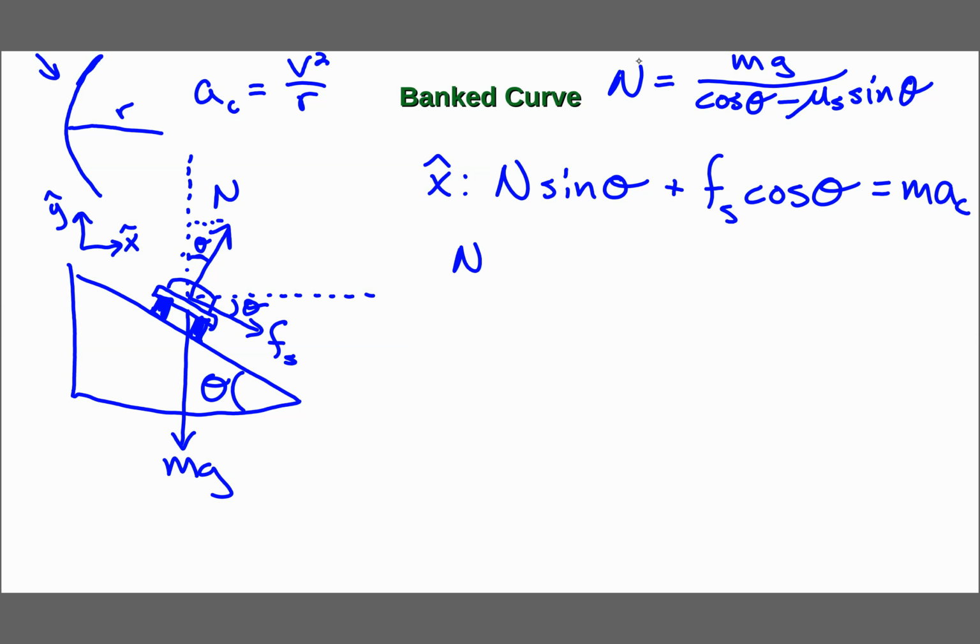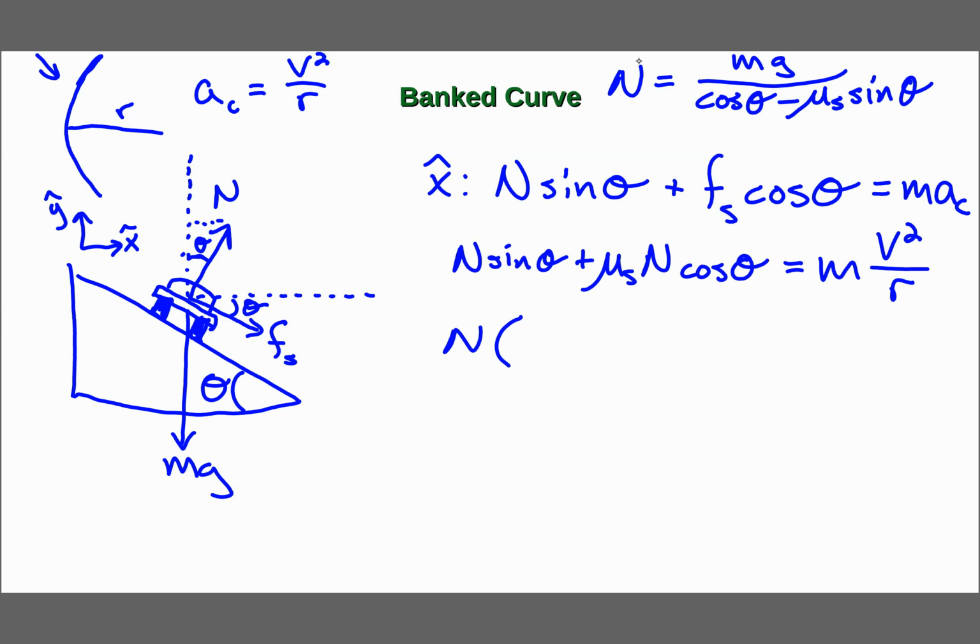So that tells us that n sine theta plus mu sub s n cos theta equals m v squared over r. Okay? That means we have n times sine theta plus mu sub s cos theta equals m v squared over r.